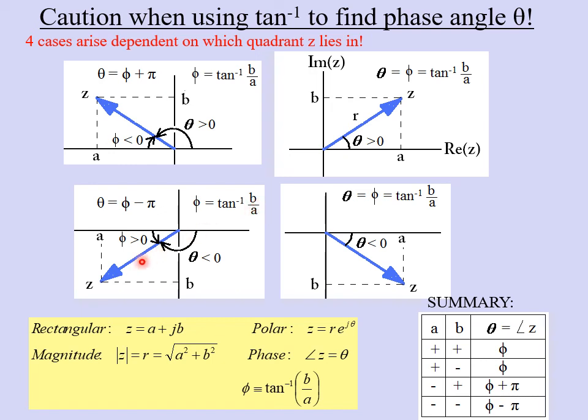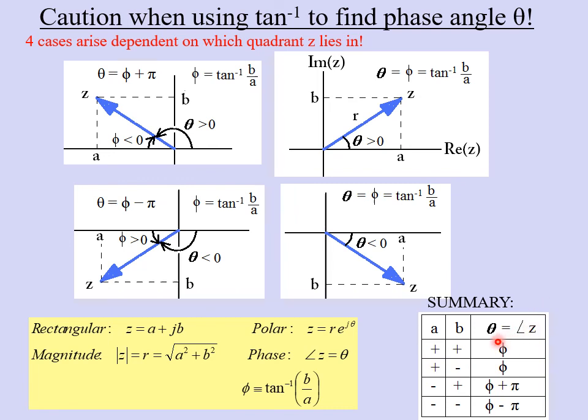But we have to subtract pi from the answer that we get in order for the angle to be in this quadrant. Likewise, when we're over in this quadrant, we have to actually add pi to the phase angle. I won't go through this in detail right now, but here's a summary of the results.